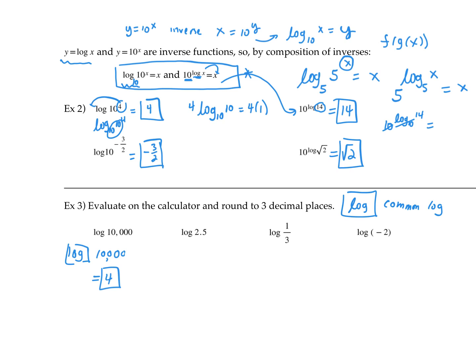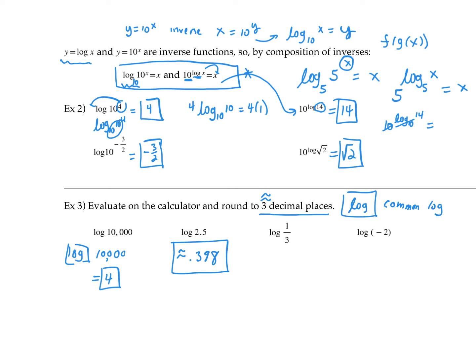All right. For the rest of these, we're going to have to round to 3 decimal places. So when you do the log of 2.5, it comes out to be approximately, so that's why I have the wavy equal sign, 0.3979. Okay, so that's going to round to 0.398 to 3 places.